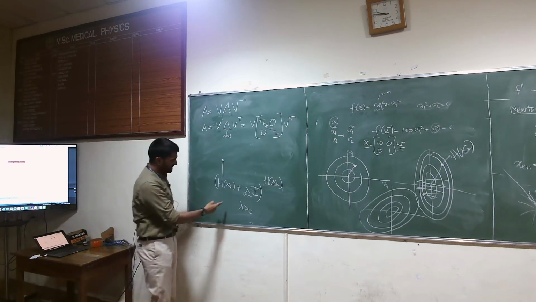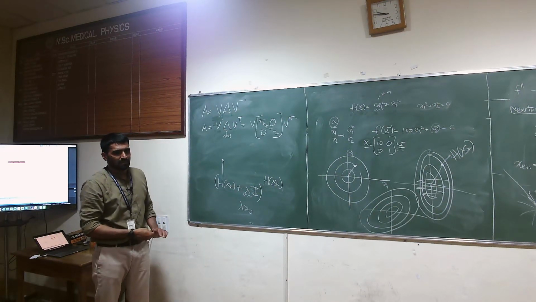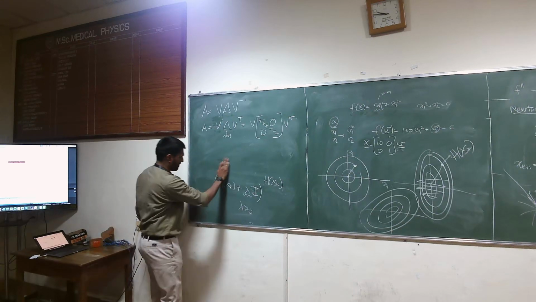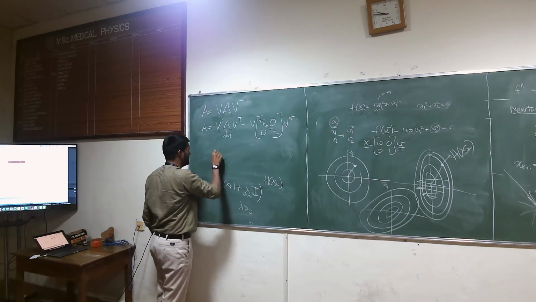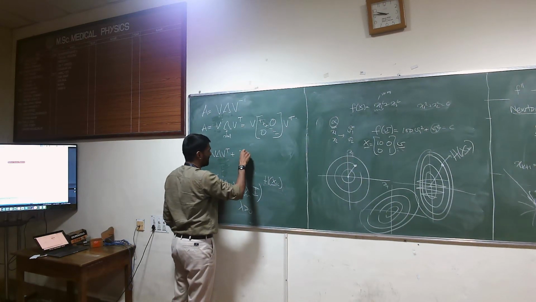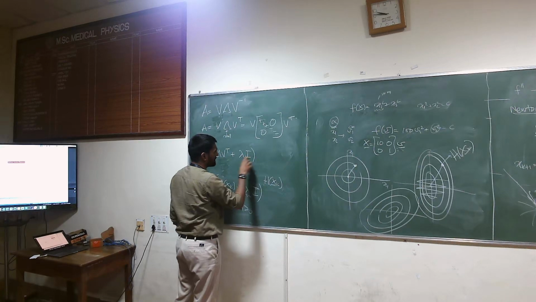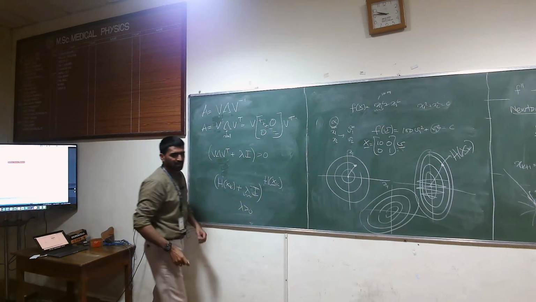Okay? You're saying this will address this problem. Why will it address the problem? Okay, well, let's write it down. So you're saying V lambda V transpose plus some alpha I. You're saying if you choose an appropriate alpha, this is positive definite.